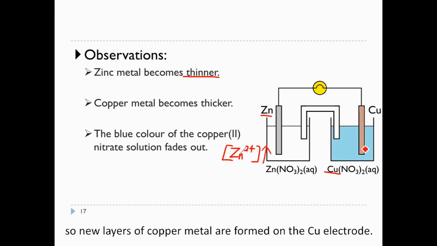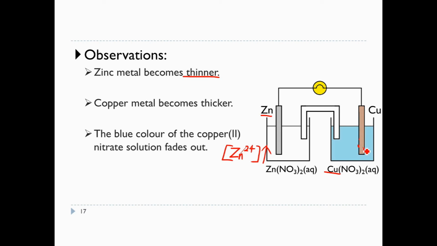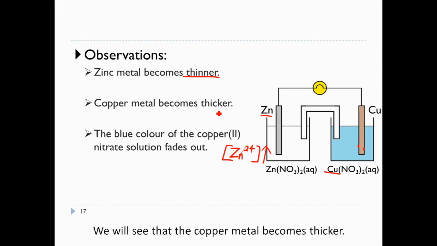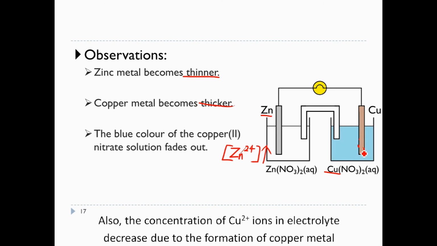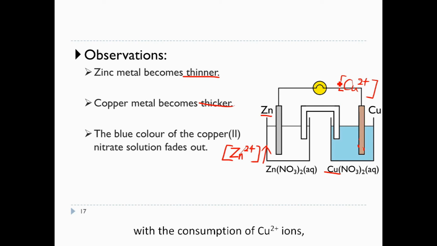So new layers of copper metal are formed on the Cu electrode. We will see that the copper metal becomes thicker. Also, the concentration of Cu2+ ions in the electrolyte decreased due to the consumption of Cu2+ ions in forming copper metal, so the blue color of the copper 2 nitrate solution fades out.